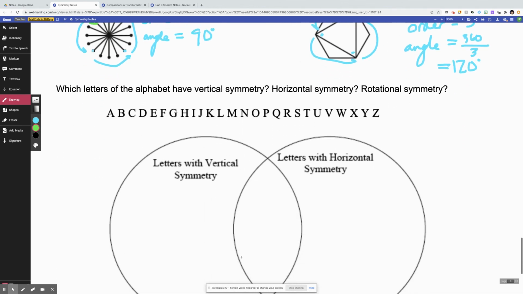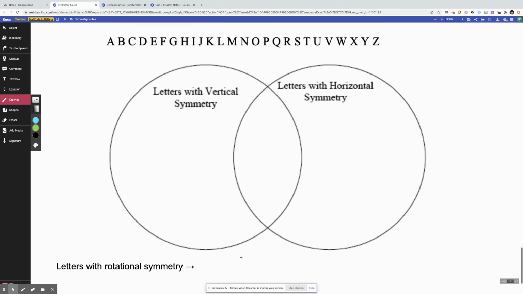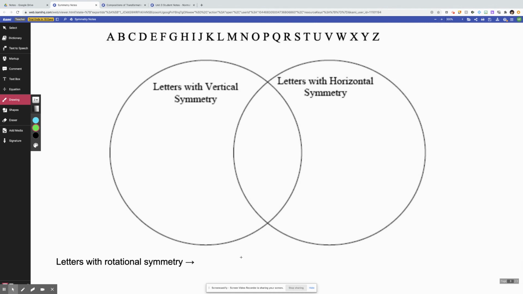And then there's one more thing down here that I want you guys to try, and then I'll show you the answer in a second. But here, I want you to see if you can take the alphabet and sort it into letters that have vertical symmetry, like the letter A, where you can draw a line of symmetry straight down the middle, a vertical line.